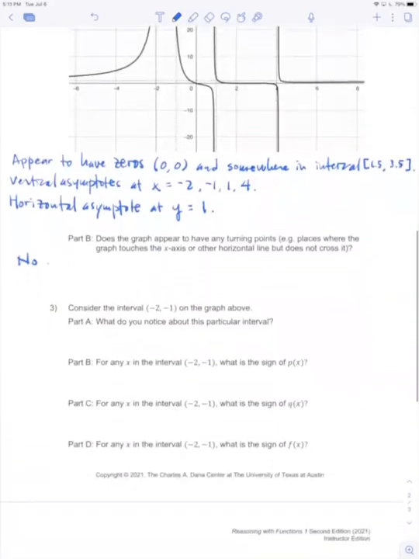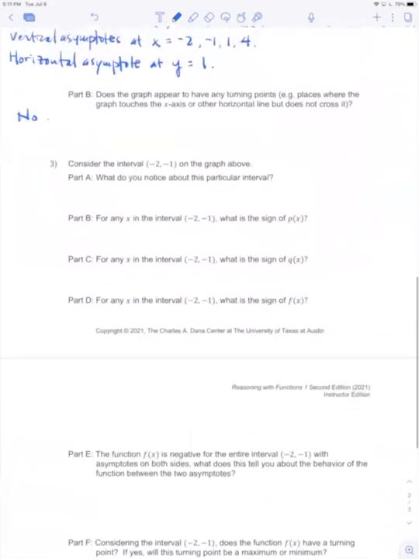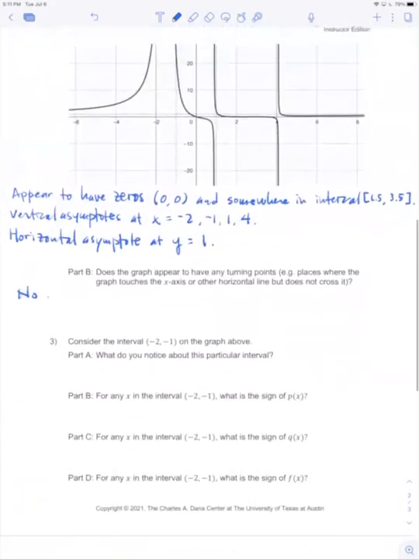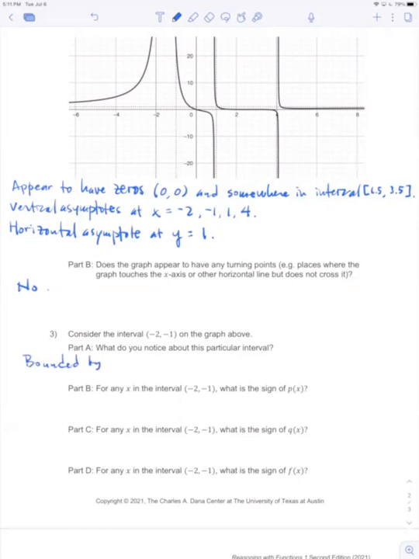Number 3, let me scroll up. It says consider the interval -2 to -1 on the graph above. So let me keep the graph in the picture here. Part A, what do you notice about this particular interval? Well, from -2 to -1, it's bounded by 2 vertical asymptotes.